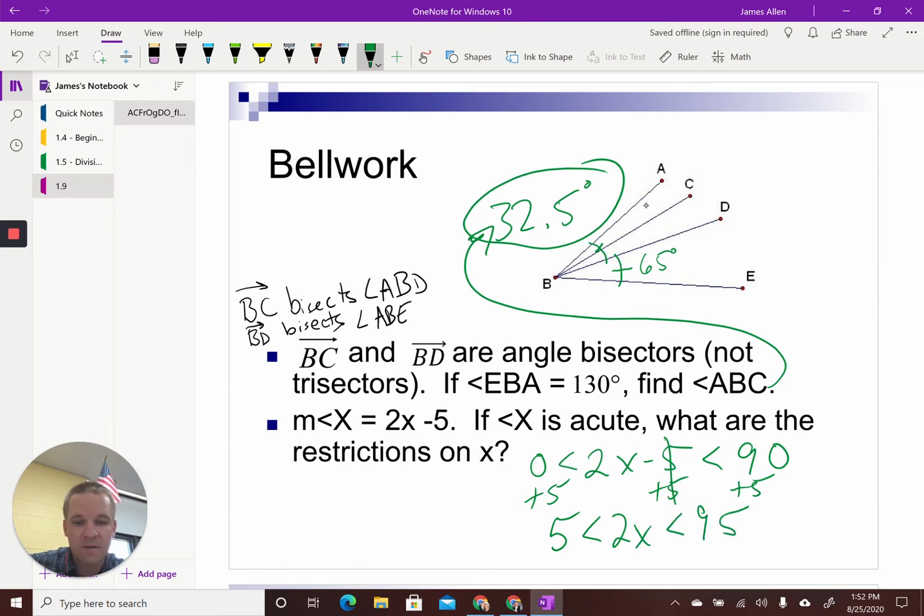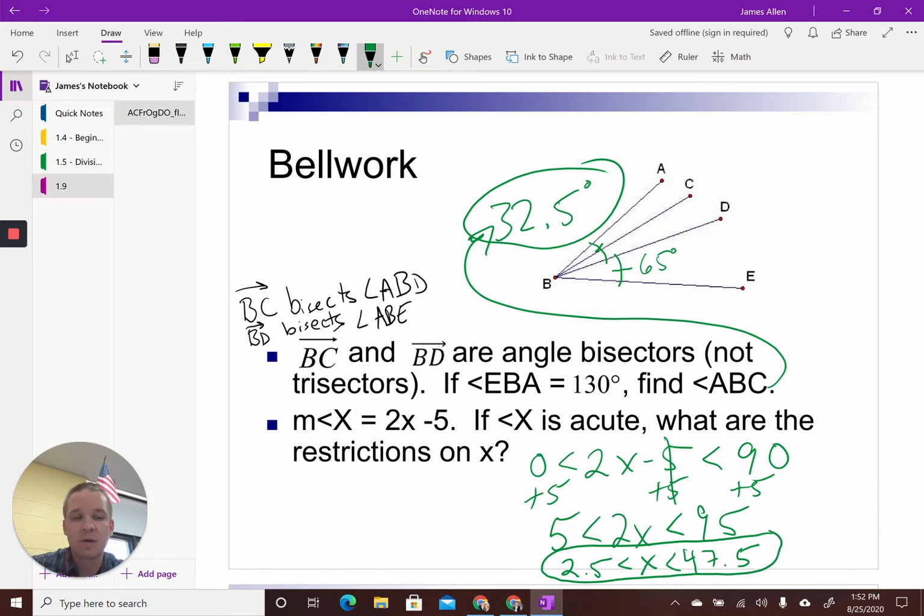If I divide everything by 2, and I'm running out of room, so I'm just going to do it, we get 2.5, x, and then 95 divided by 2 would be 47.5. And those are my restrictions on x.